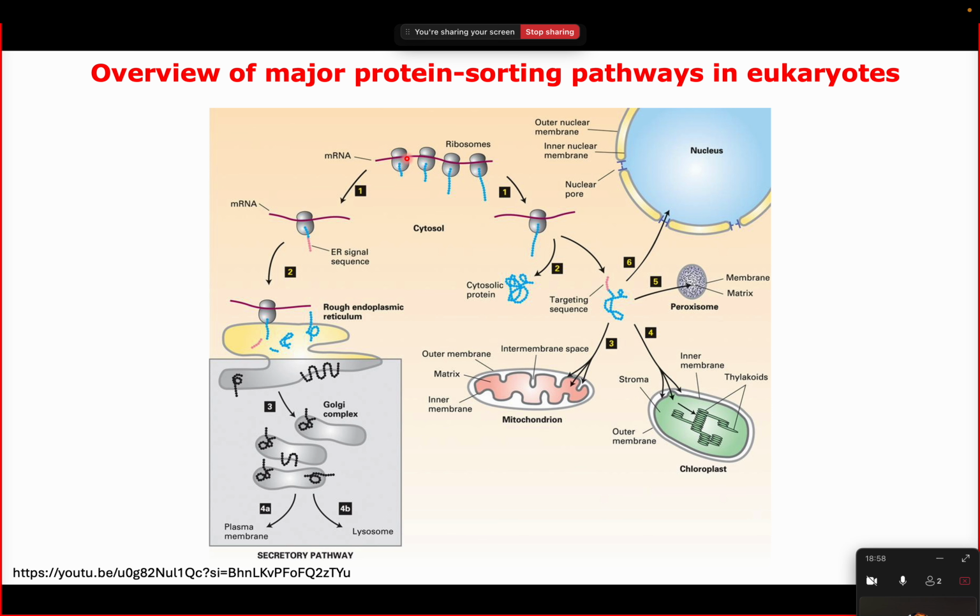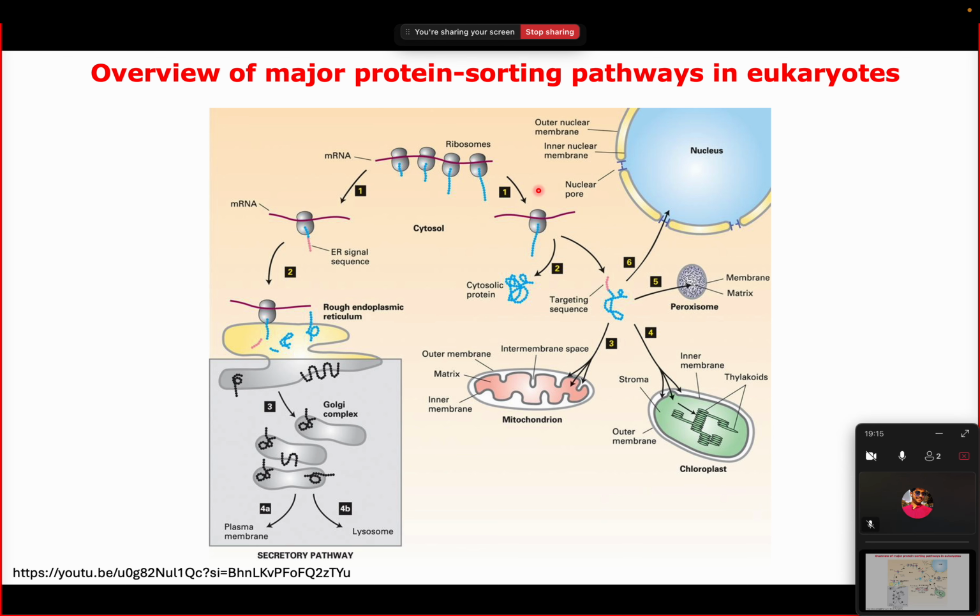Correct? So what Palade and Blobel hypothesized is that there has to be something in the translating protein which dictates that the translating machinery either should be sent towards the ER or it should not be sent towards the ER.